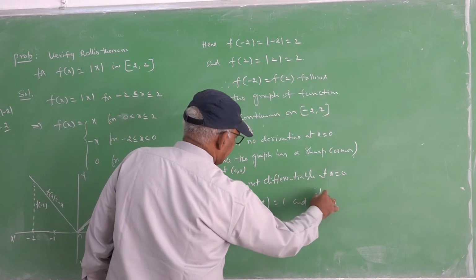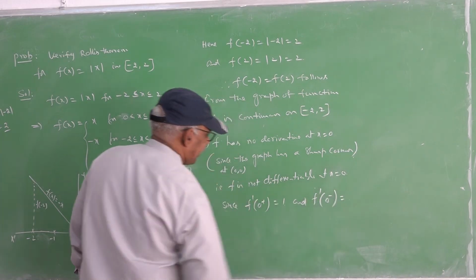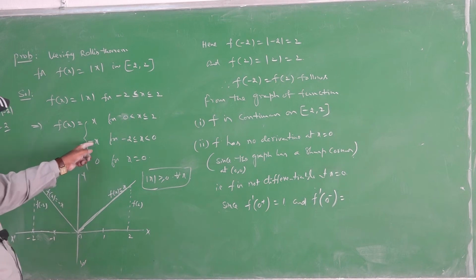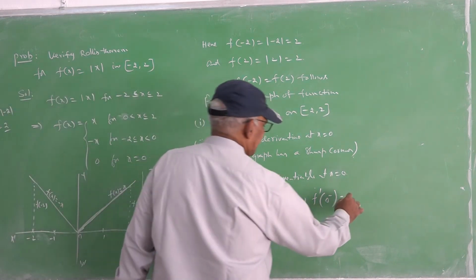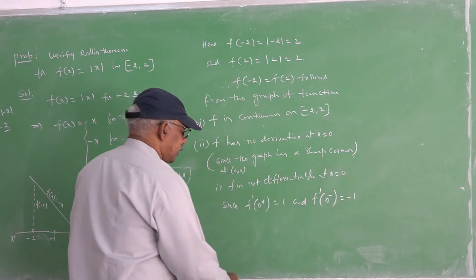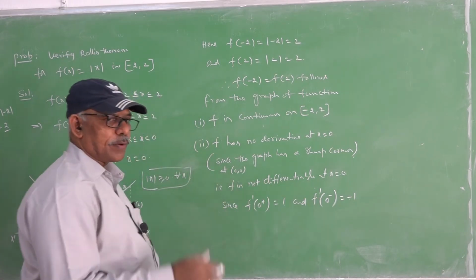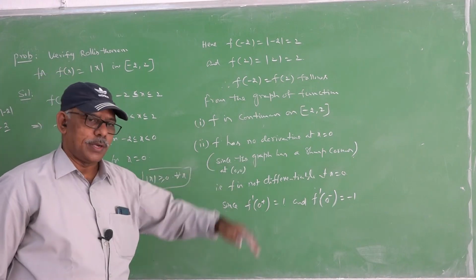And f dash of 0 minus, that means to the left of 0, the derivative is minus 1. So these two are not equal. The right derivative is different from the left derivative. Hence, f is not differentiable.